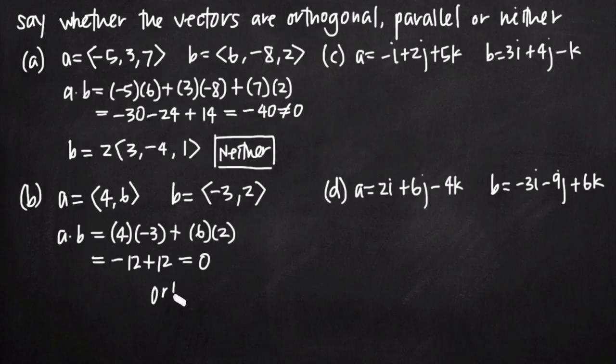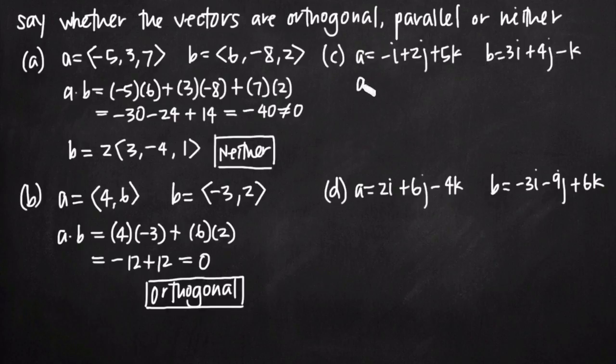They can't be orthogonal and parallel at the same time, so there's no need to check to see whether they're parallel once we've determined that they are orthogonal with one another. So that's example B. If we look at example C here, we have a vector in slightly different form. We have components i, j, and k.